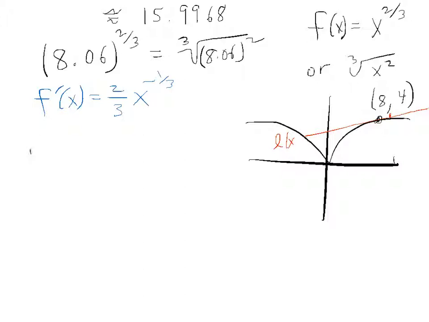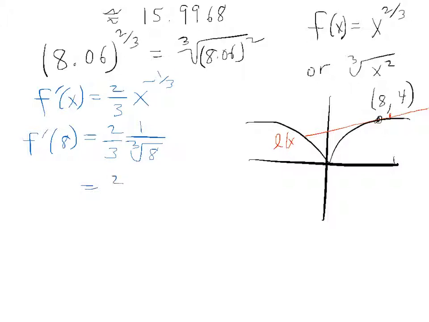Alright, and then we need the derivative at 8, and that's going to be 2/3, and that is really 1 over the cube root of x.